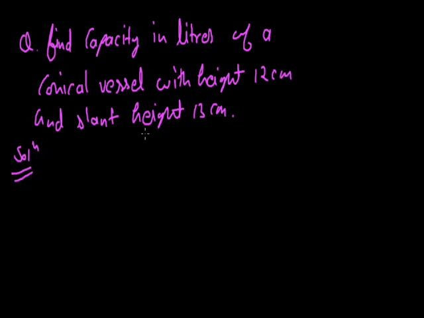So what is given? We have the height of the cone, h, that is 12 centimeter, and the slant height, denoted by L, which is given to us as 13 centimeter. Here the radius is unknown, and we have to find the volume.